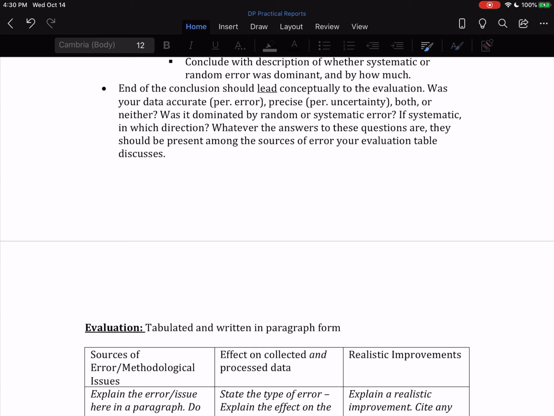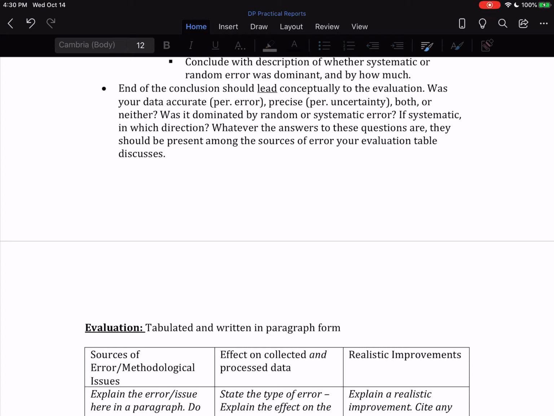The sources of error or methodological issues I want to see in the evaluation should not be the same for every student's results. It should reflect your particular percentage error and percentage uncertainty. For example, if you have a systematic error that suggests your value is too big, then the sources of error you should discuss, at least most of them, not all of them necessarily, but some of them, should be sources of error that would produce that kind of error.